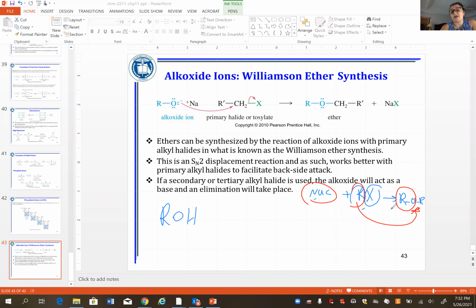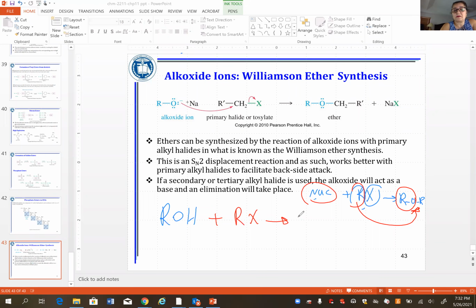So we know this is the alcohol. We have to use the alcohol, so alcohol plus the alkyl halide, we should get ROR.